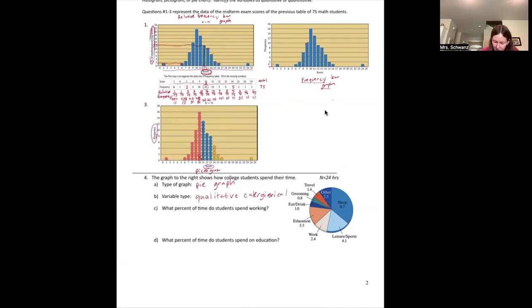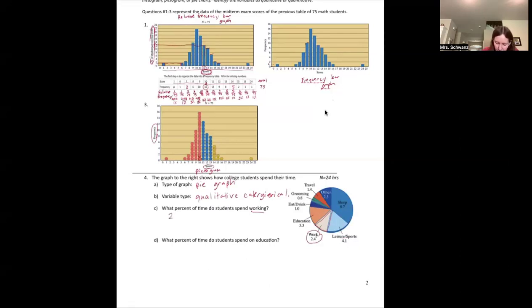Then they ask us, what percent of time do students spend working? Oh, I'm sorry, I'm on the wrong one. So I go to the wedge that says working, and it says 2.4 hours. What they really mean is what percent of their total day is spent working.